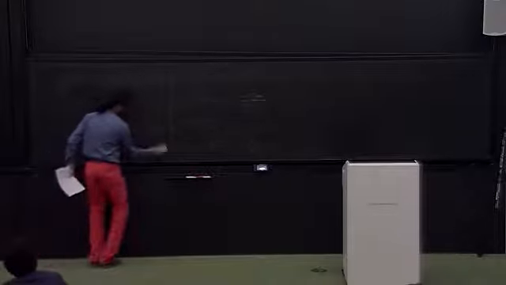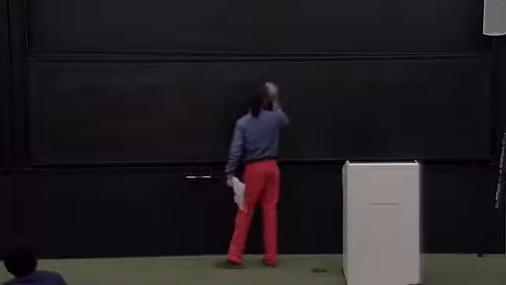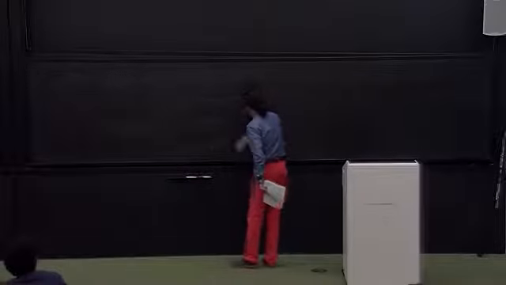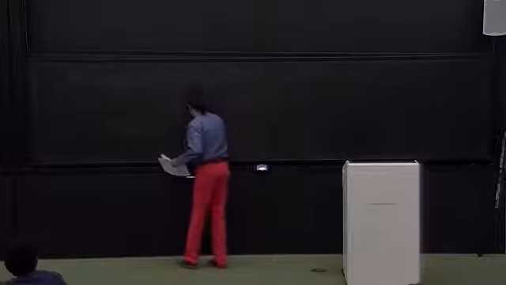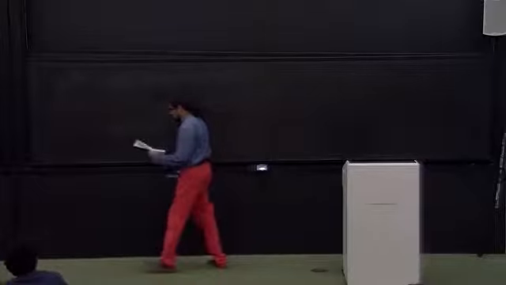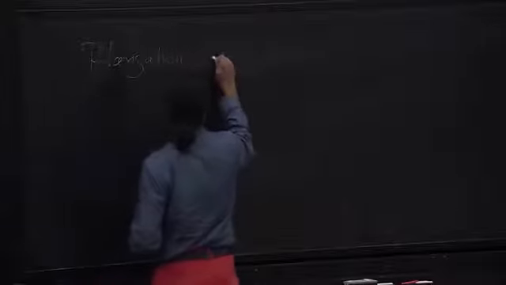And that's the last thing I want to mention. It's called, and there's a typo in the notes as well, so I'm going to correct that. So our last topic is polarization sums.